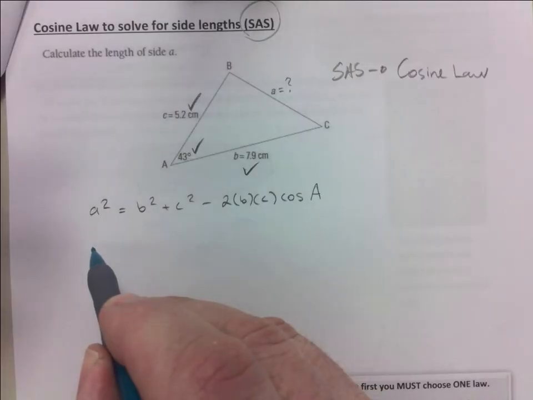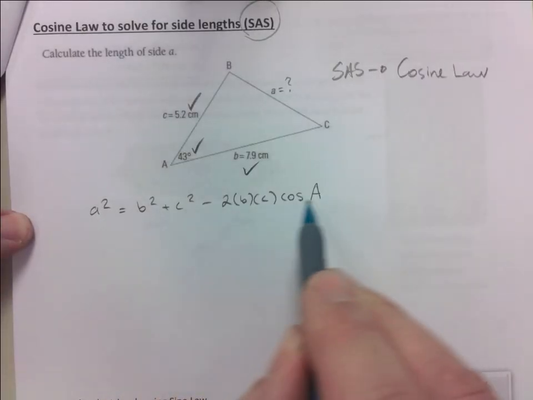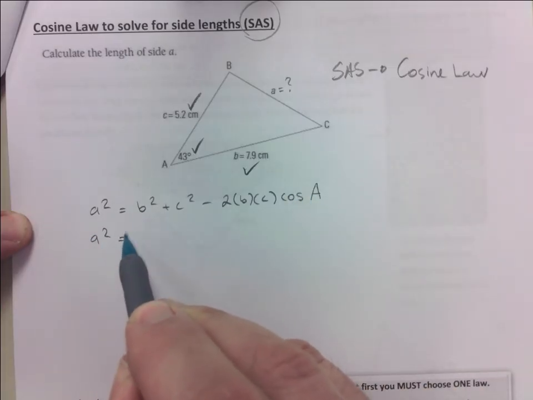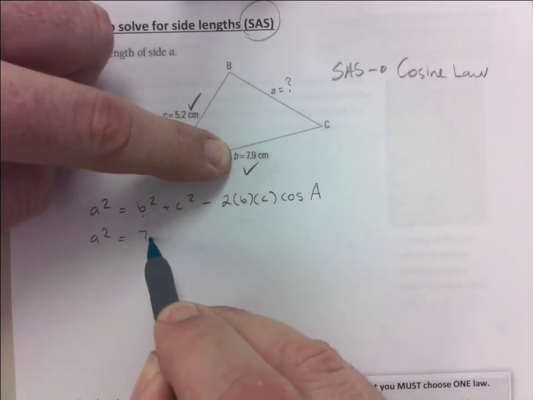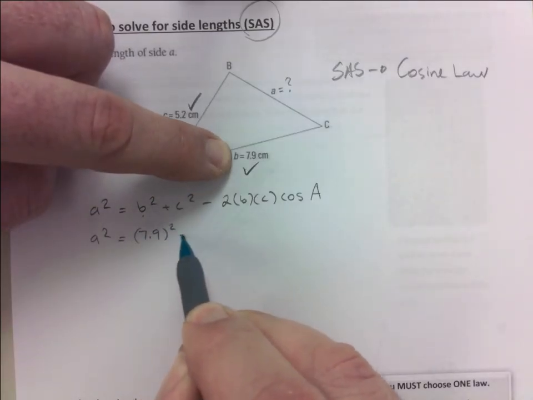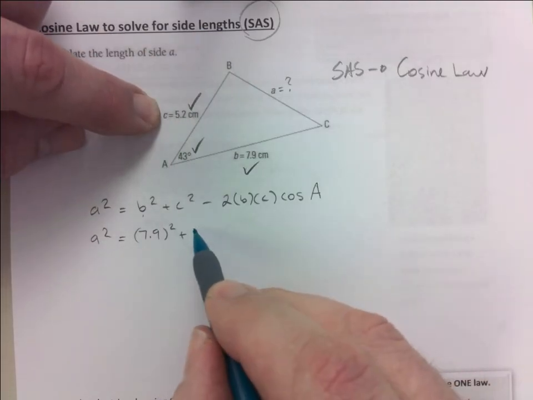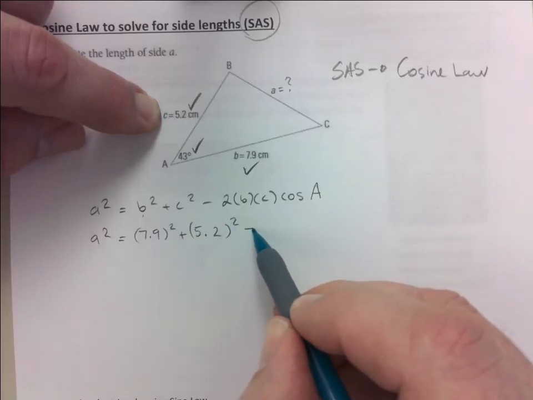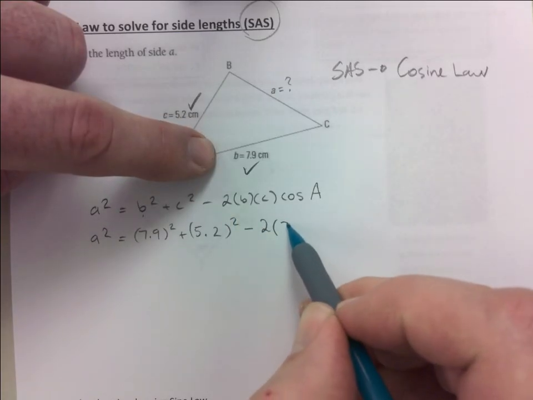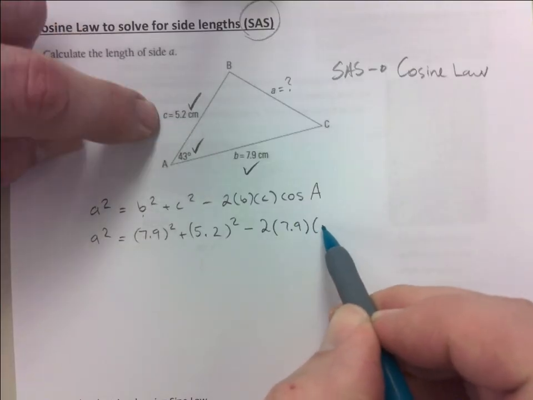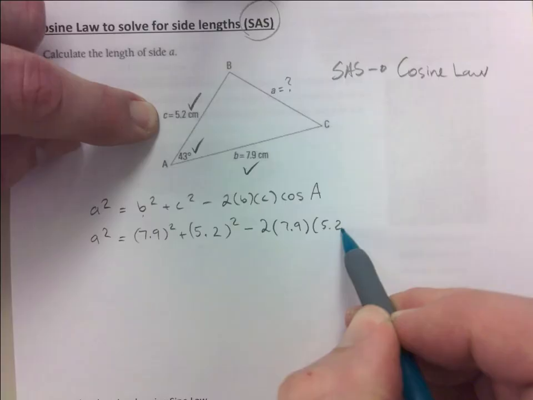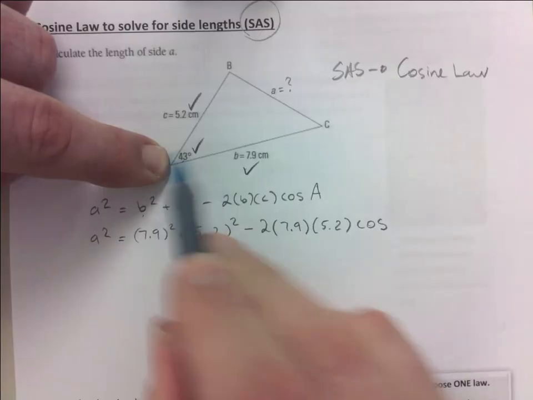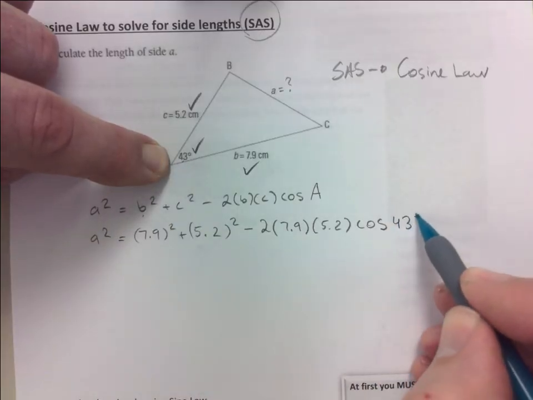I will do this in 4 lines altogether, including this one, which is not necessary in the future. A squared is equal to b squared, which is 7.9 squared, plus c squared, which is 5.2 squared, minus 2 times b times c times cosine of angle 43 degrees.